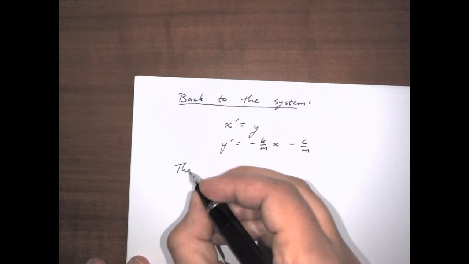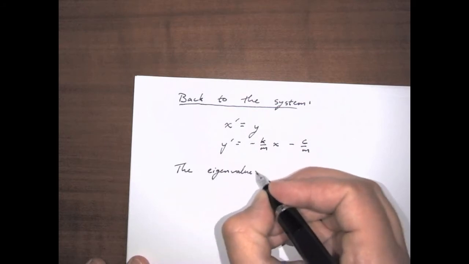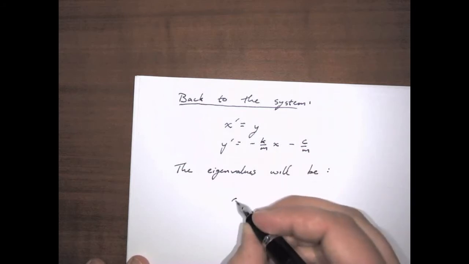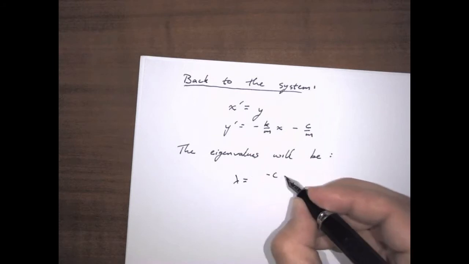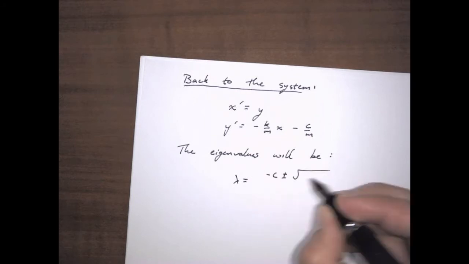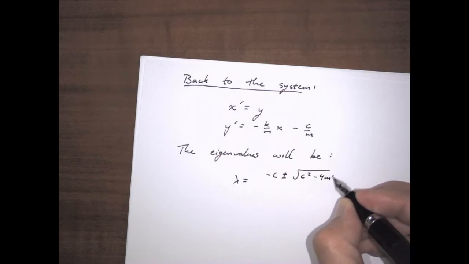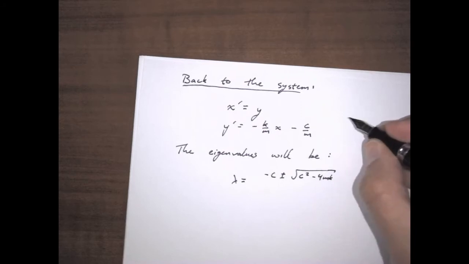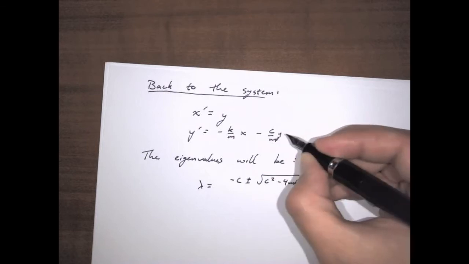The eigenvalues will be lambda equals negative c plus minus square root c squared minus 4mk, over 2m.